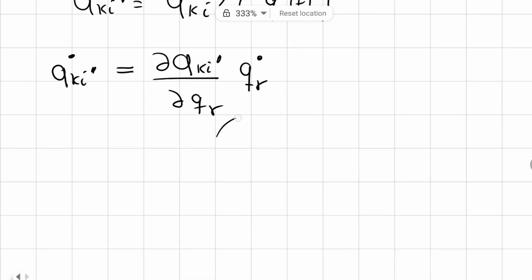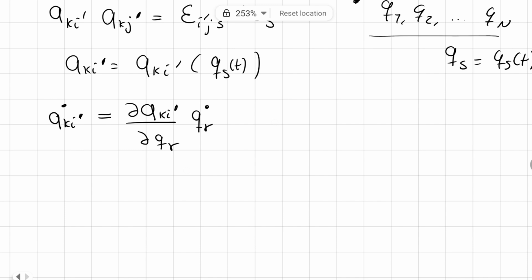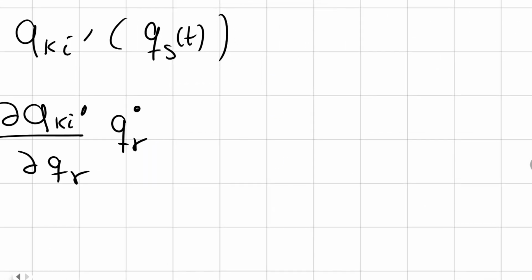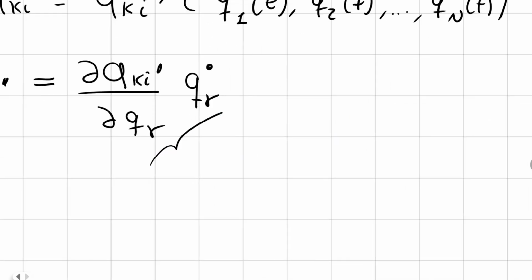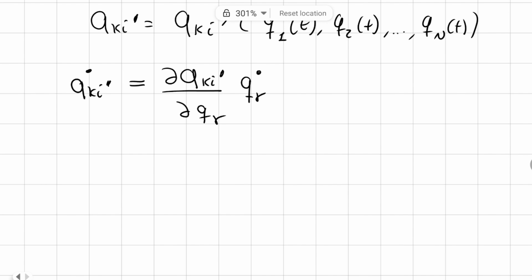Remember that this is a sum, because we have the r index repeated. That means we are taking the derivative of a with respect to every q, because it can be a dependence of any q, not just one. For example, this can be written as q1 of t, q2 of t, all the way up to qn of t. That's why this is a sum. Perfect. So here we have found the derivative with respect to time of a in terms of the q.